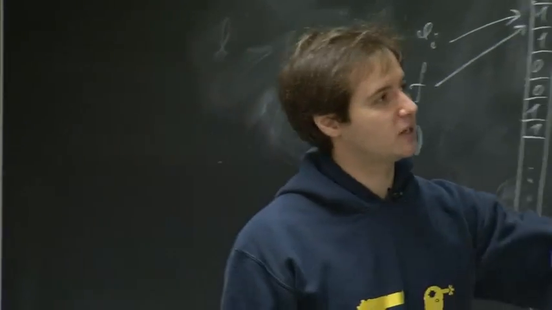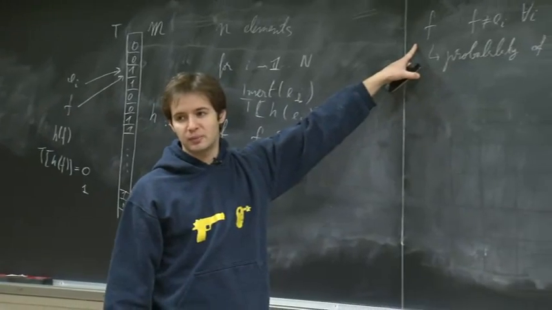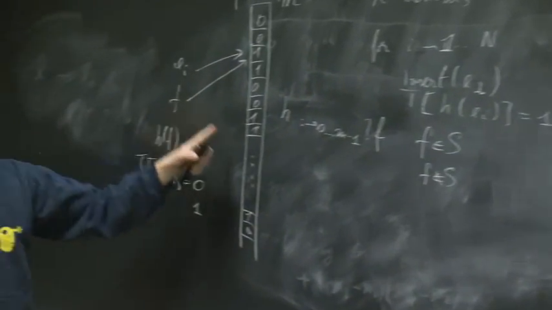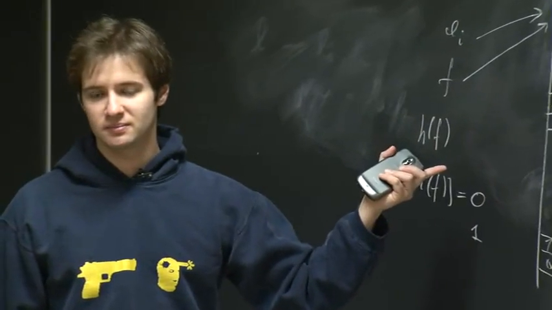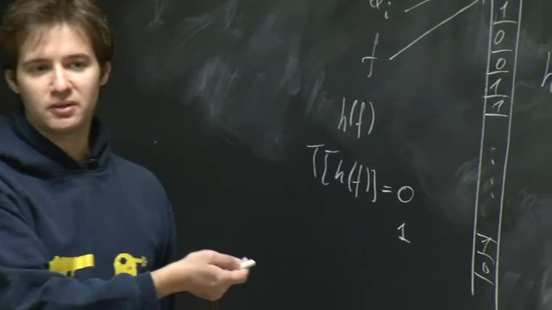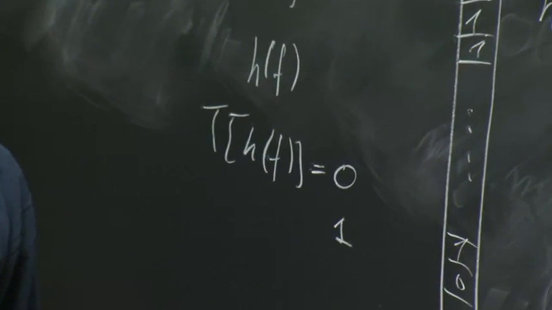We don't really care about this anymore after we have the independence assumption. So h of f is just some random position in the table.